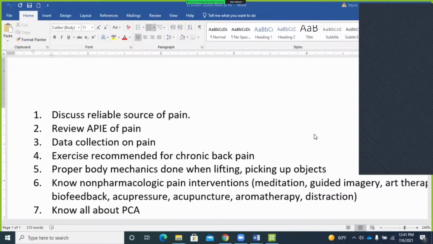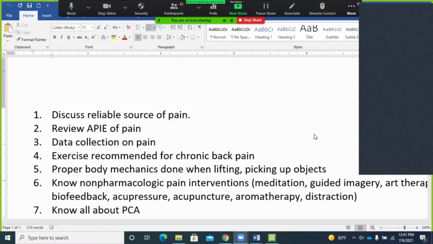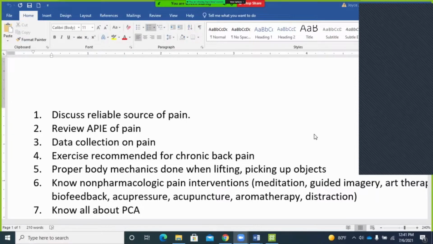Or the PQRST. Remember the PQRST? Hilda, how does your pain feel? In page 595. So that is data collection of pain.